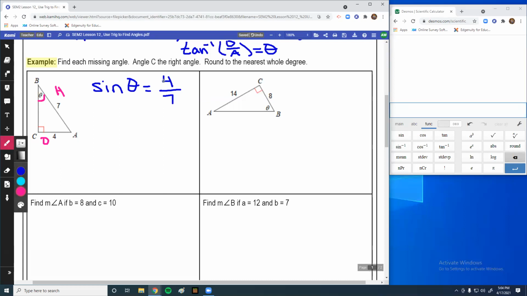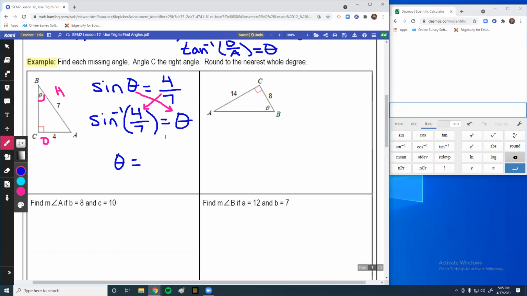Now, don't do any decimal shenanigans here. All we're going to do now is inverse sine of the fraction is equal to theta. So 4/7 goes with the inverse, and theta is what it's equal to. And this will have us solve for theta.